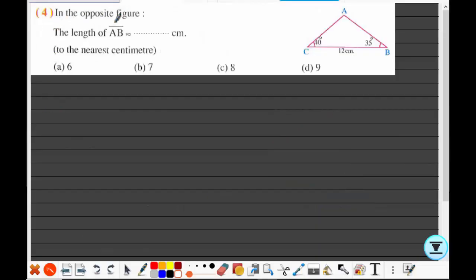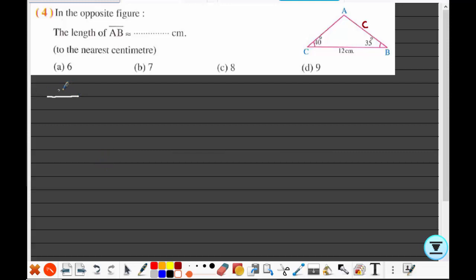Question number 4. In the opposite figure, the length of AB equals approximately how many centimeters, to the nearest centimeter? Where is AB? Here is AB, denoted by the symbol c here. So we have c.